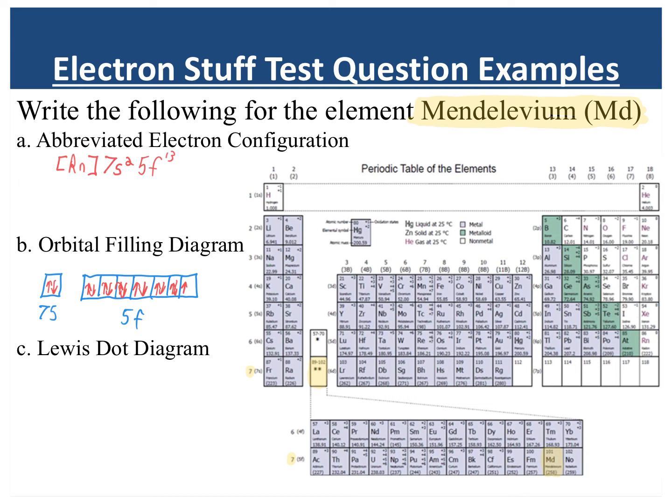So there's only one opening here. Now I'm trying to do my electron Lewis dot diagram. There are 2 s electrons, so it is only going to get 2 dots. Mendelevium is Md, and 2 dots.